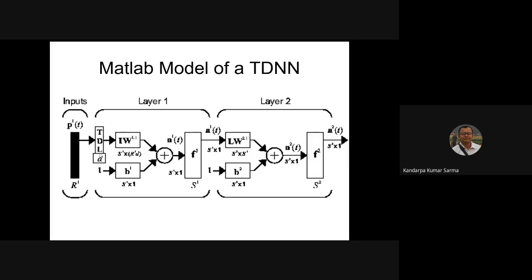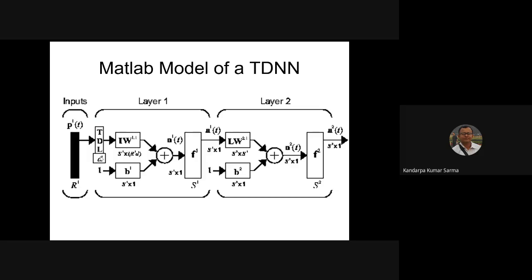We might recall that in the previous lecture, in the case of the recurrent neural network, there can be tap delay lines in the forward paths, in the feedback paths, in the local feedback path, and in the global feedback.